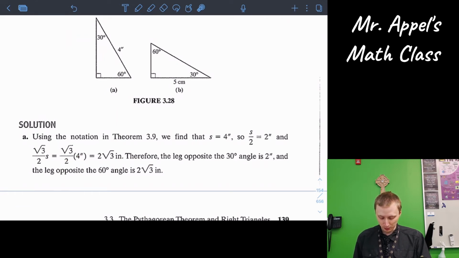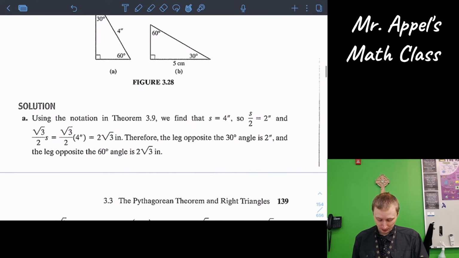The 2 and 4 will become 2 times square root 3 inches. Therefore, the leg opposite the 30-degree angle is 2 inches, and the leg opposite the 60-degree angle is 2 times square root 3 inches, or you could say that's 2 root 3 inches.